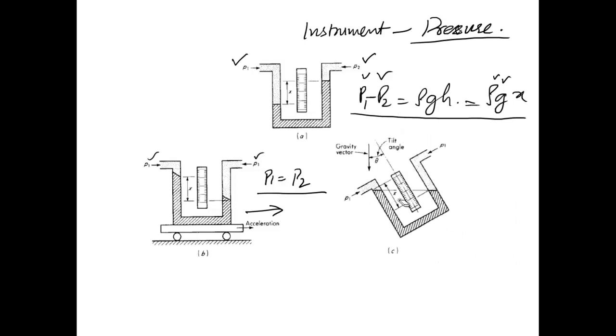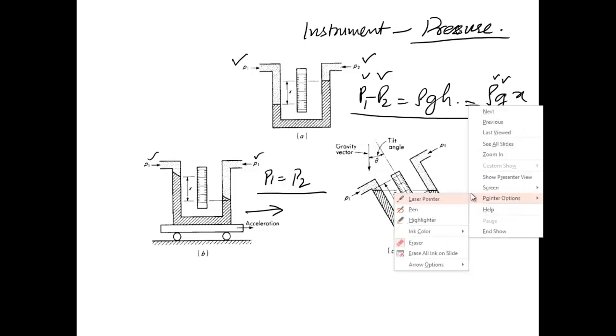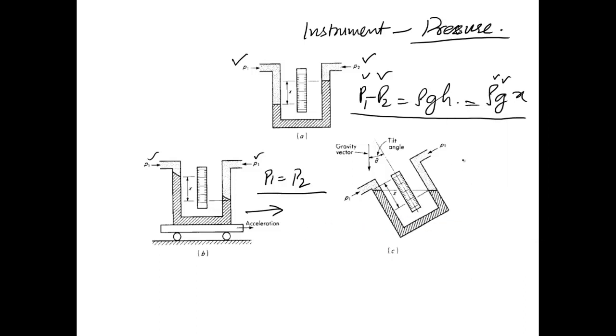Similarly, we can have an interfering input in this form, where you tilt your manometer by an angle theta. Because gravity acts in the vertical direction, there is still some output even if P1 is equal to P2. So P1 minus P2 is equal to 0, and x should have been equal to 0, but you see a significant portion of x from here to here that is visible.